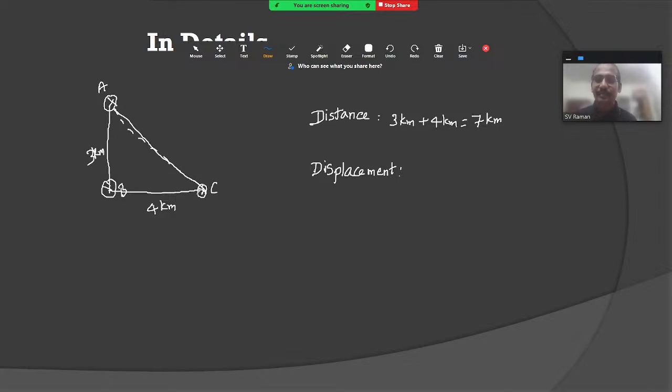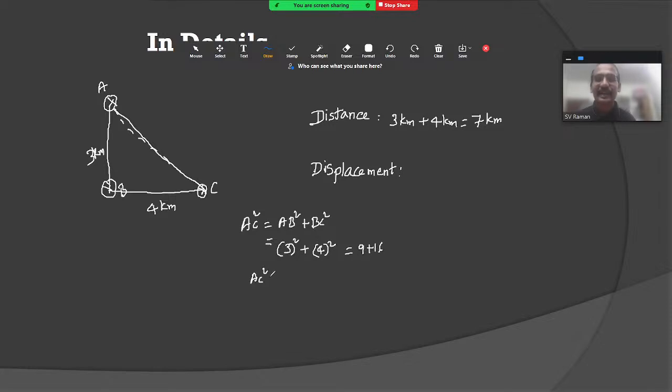Now you can see in this diagram, it looks like a right angle triangle. In this right angle triangle, you can apply the Pythagoras theorem. What the Pythagoras theorem says is, AC square is equal to AB square plus BC square, that is equal to 3 square plus 4 square, which is 9 plus 16.